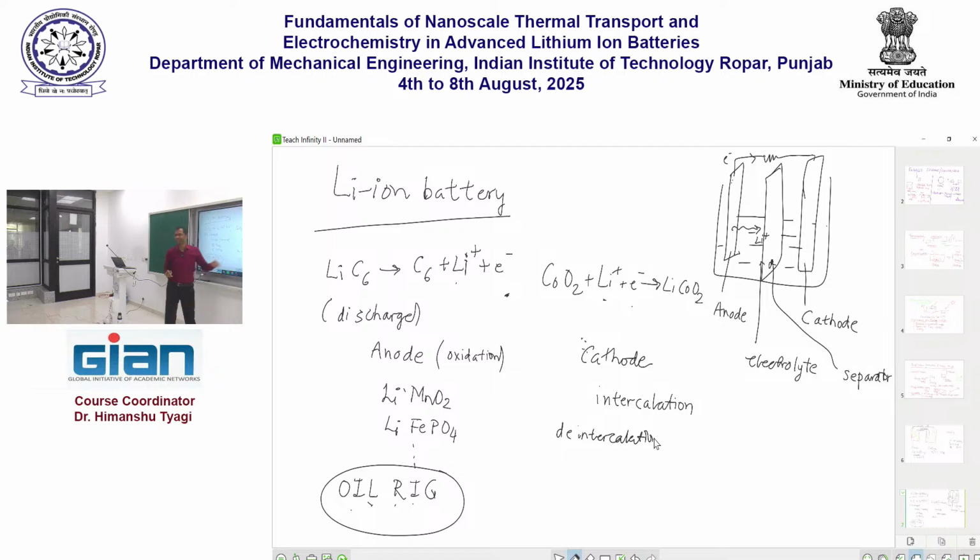During the charging process, this entire thing will work in a reverse fashion. So this becomes the anode and the reaction happens in the opposite direction, and this becomes the cathode and the reaction happens in the opposite direction. And the good thing about the lithium ion cell is that it has the capability of going either way, depending on whether I have a load or an energy source available to me.